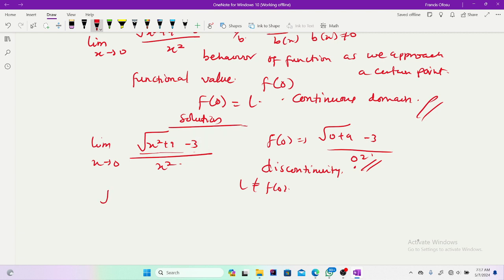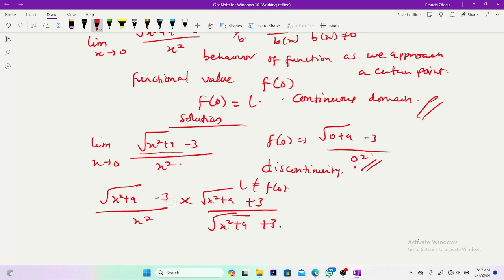I'll have square root of s squared plus 9 minus 3 all over s squared, times square root of s squared plus 9 plus 3, the conjugate, all over square root of s squared plus 9 plus 3. This doesn't make any difference, because whatever you do for the numerator, I do for the denominator. This is just 1.